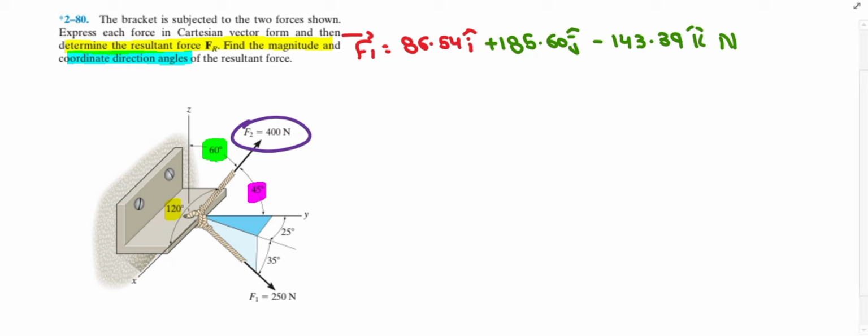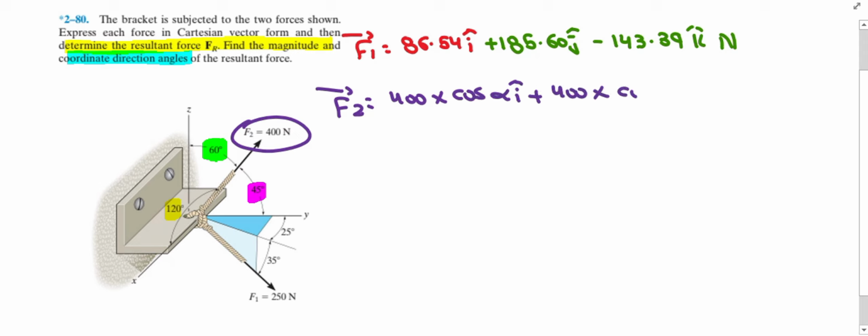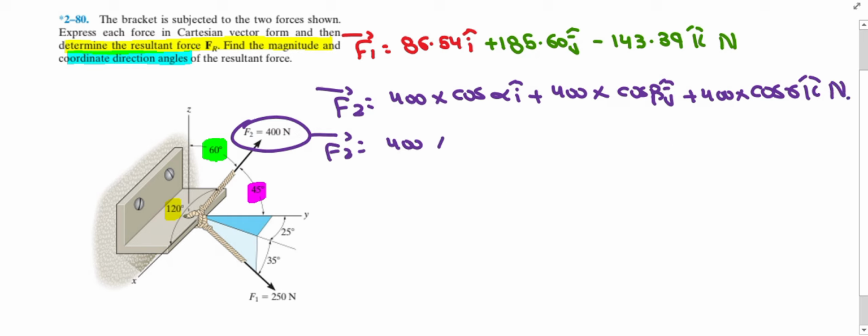The Cartesian form of F2 is written as F2 equals 400 cos alpha i plus 400 cos beta j, and lastly plus 400 cos gamma k Newton. Alpha is the angle between F2 and the positive x-axis, which is 120 degrees.